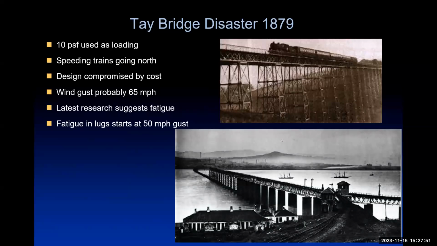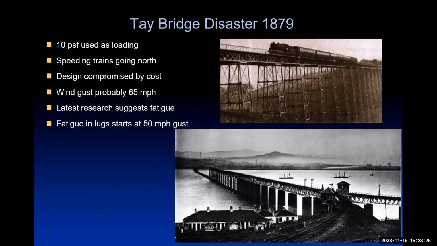I want to go back to the Tay Bridge disaster in 1879, the reason being that this was absolutely a watershed for bridge design. 1879 was a very important year. Before that time, we were using deterministic loads. We used 10 pounds per square foot as the loading on a bridge.